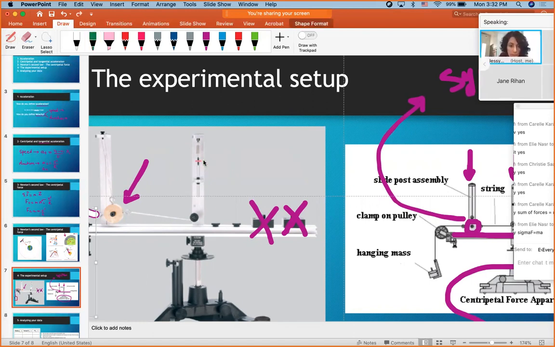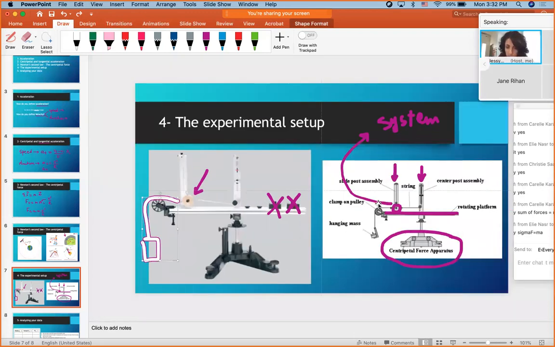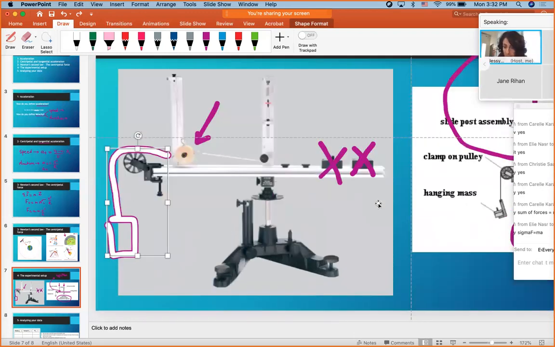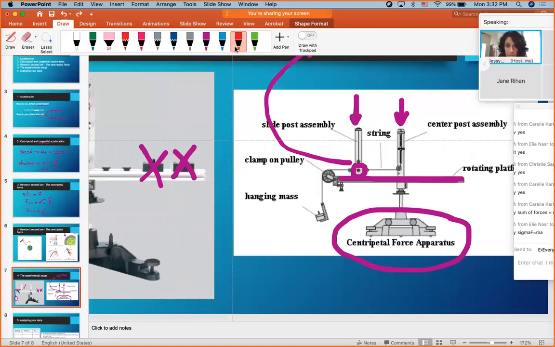So let me show you again. When you attach the hanging mass in here, all right, you will have the red ring and the white ring at the same level. When you remove the hanging mass, automatically your yellow object will go slightly to the right and the red ring will go a bit up. It will be deviated from the white ring, and that's okay.